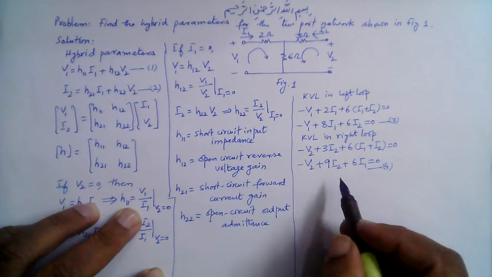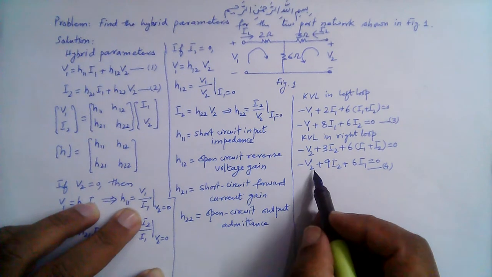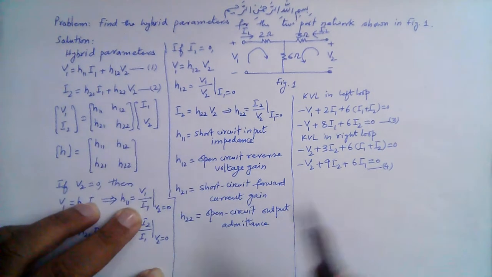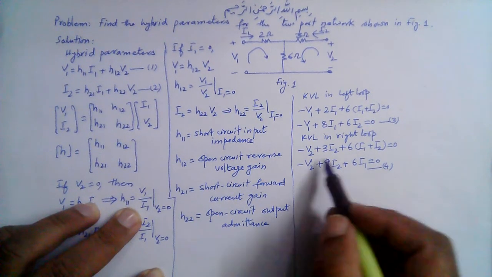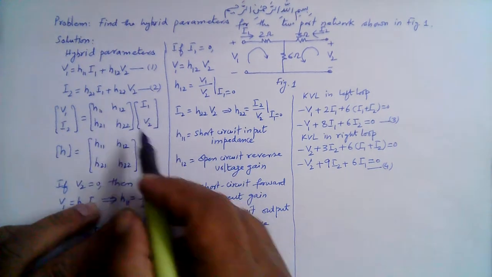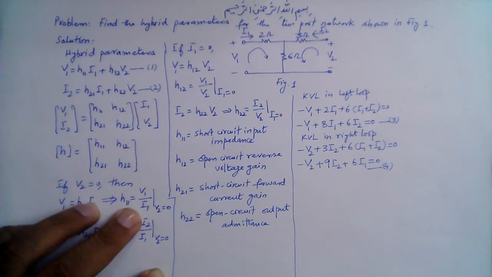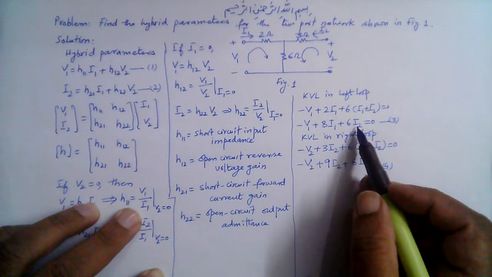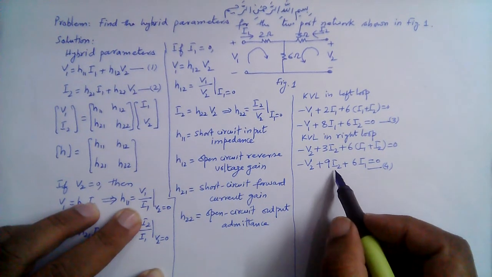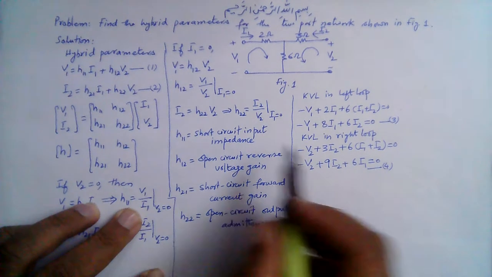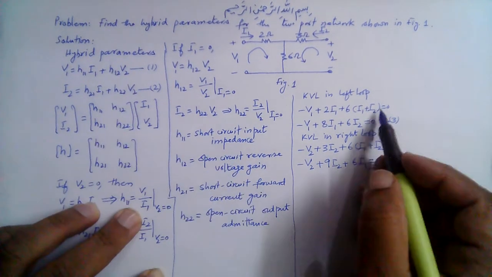If you note, this equation involves the same parameters which the second equation has: I2, I1 and V2. So if we rearrange this equation in this form, we can then obtain the parameters h21 and h22 quite easily. But before we do that, let us eliminate I2 from the previous equation. If we find the value of I2 in terms of I1 and V2, then it will be replaced by V2 here.